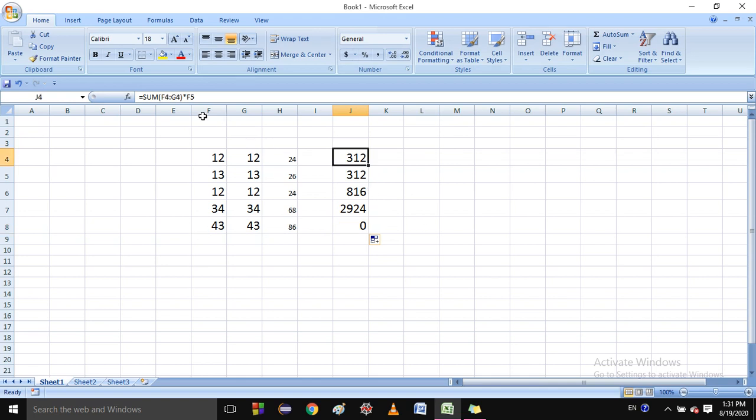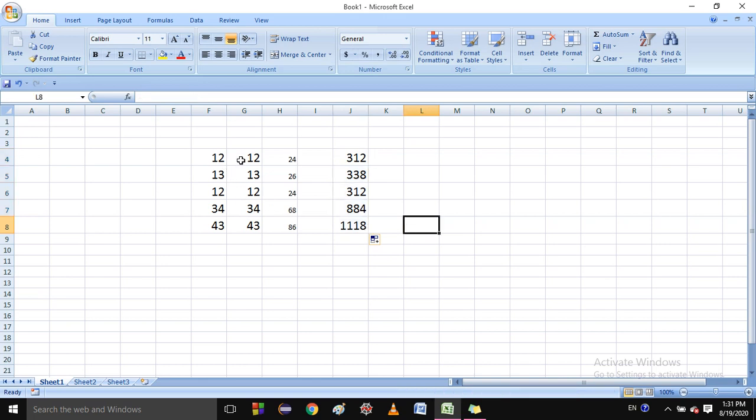But what happens if I apply the dollar sign here? Sum F4 G4 multiply F$5. Let me execute it first. It is executed, and it is working fine.